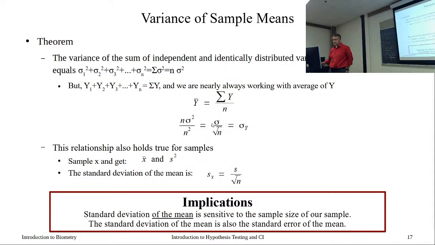Instead of utilizing a standard deviation to approximate it, we're going to utilize the standard error. So the standard error of the mean gives us our measure of variation or dispersion around that collection of sample means. How do we calculate it? We calculate it just like this. Take the standard deviation of the sample, divided by the square root of the sample size.